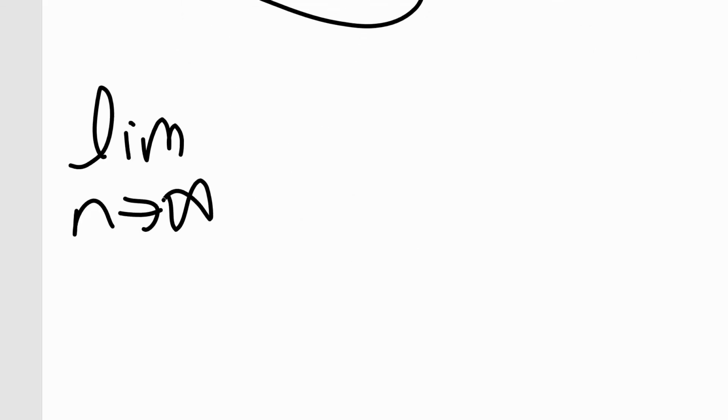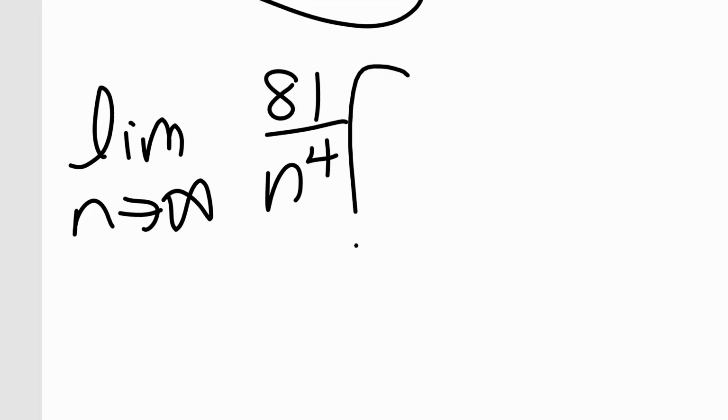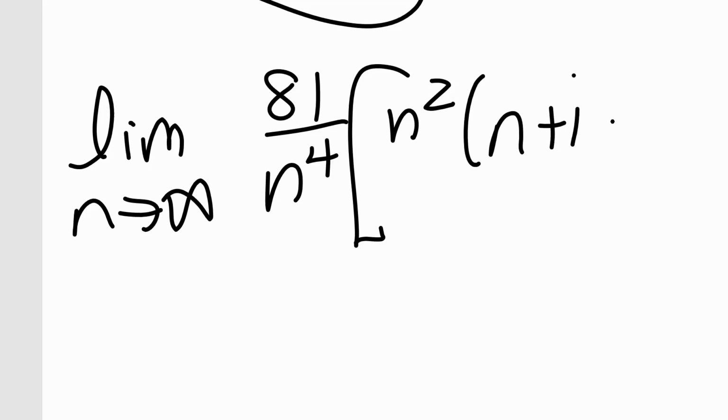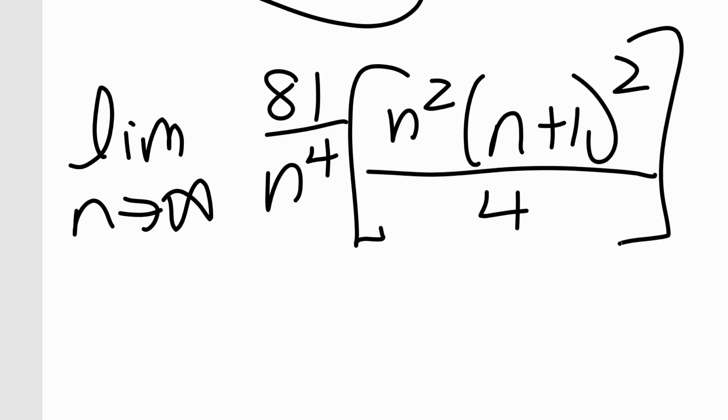All right, so now we're going to do the limit as n goes to infinity of 81 over n to the 4th times n squared times (n plus 1) squared all over 4. So just like in the last problem, the first thing we're going to do is to get our constants out front.